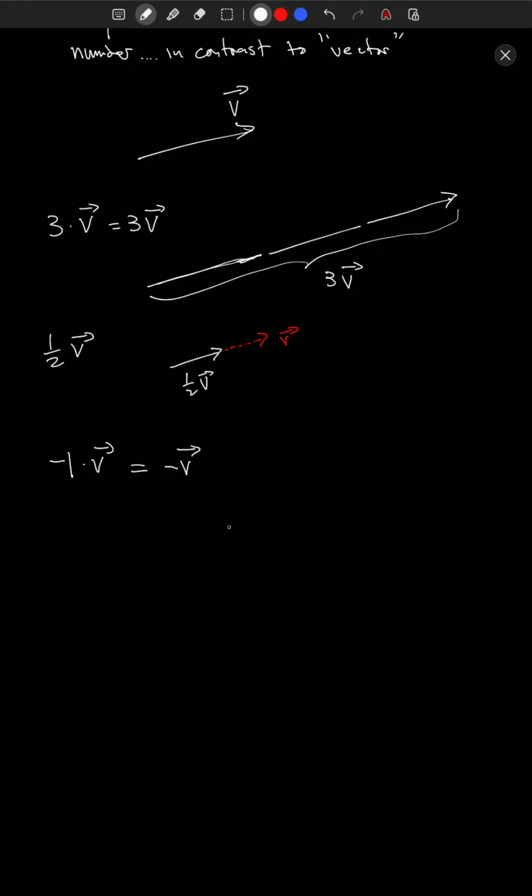So if I draw v in red, then minus v would be in that direction, precisely the opposite direction and exactly the same length. Whatever length the original v is, minus v has the same length.